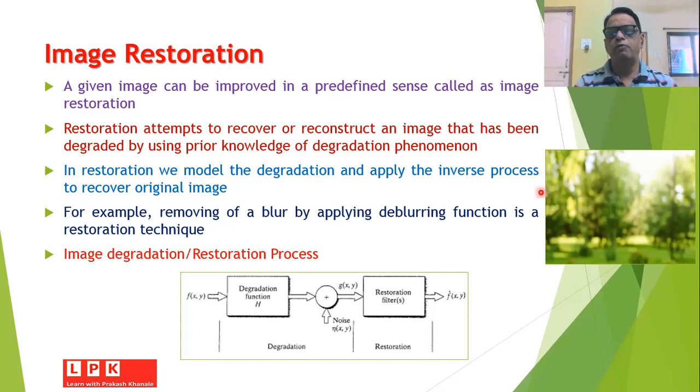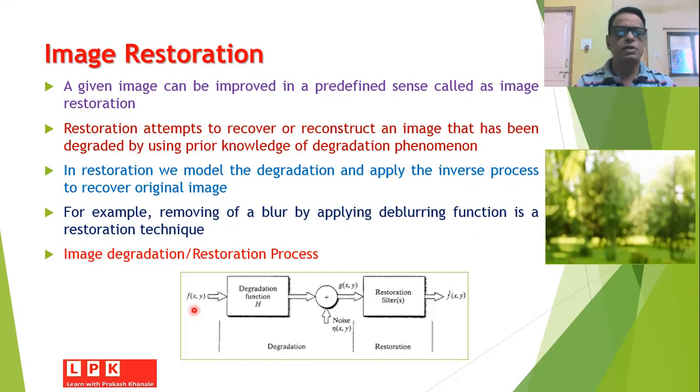For example, if we have been given a very blurred image and want to recover the original image, that can be achieved by using a de-blurring function. When you apply this function to the image, the blurred image can be recovered, and this is called restoration. The whole process can be shown by a diagram.